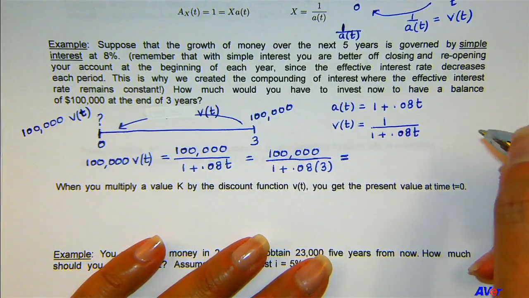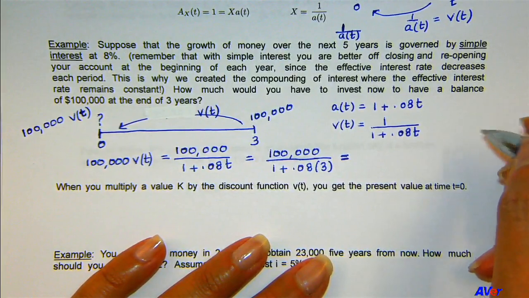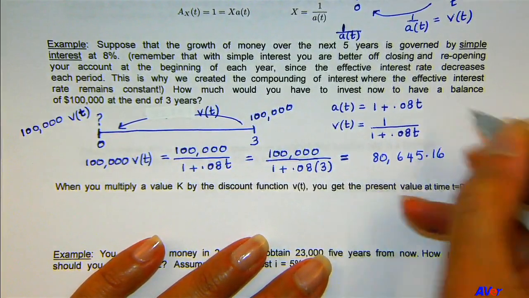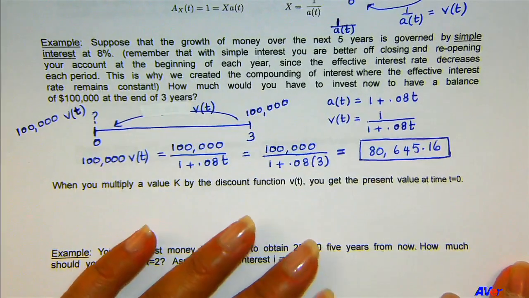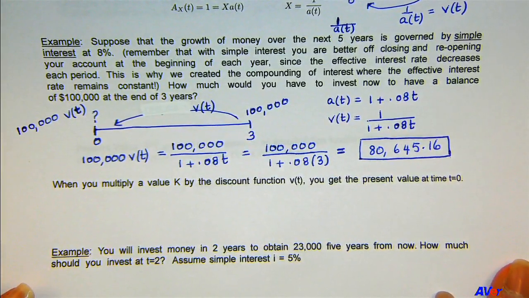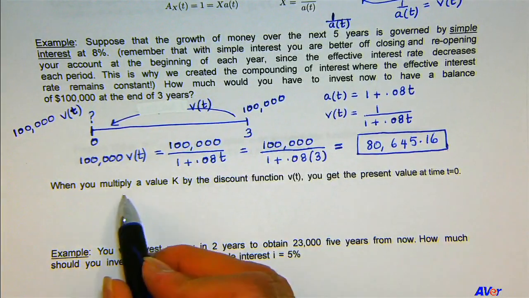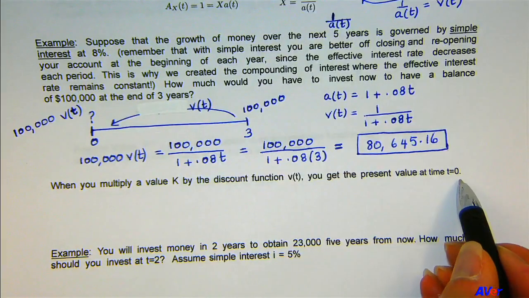Shouldn't it be less than 100,000? 80,000 how much? 80,645.16. That's the present value of 100,000 when I'm using simple interest, 8%. Are you with me, folks? It says when you multiply a value k by the discount function v of t, you get the present value at time t equals 0.